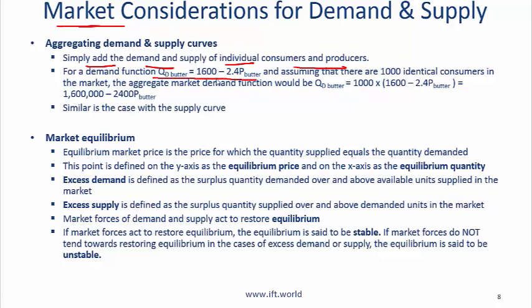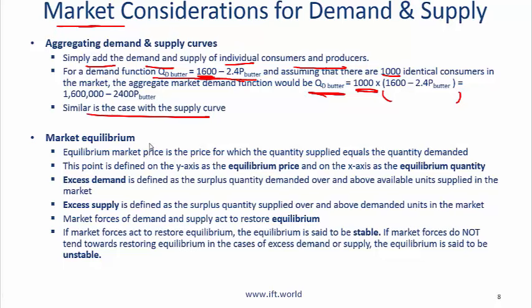Quantity demanded depends on the price of butter, and then there is some constant. Assuming that there are 1,000 identical consumers in the market, and typically this is what you will see on the exam, where you are told that there are X number of identical consumers, then the quantity demanded is simply 1,000 times the function that has been given.